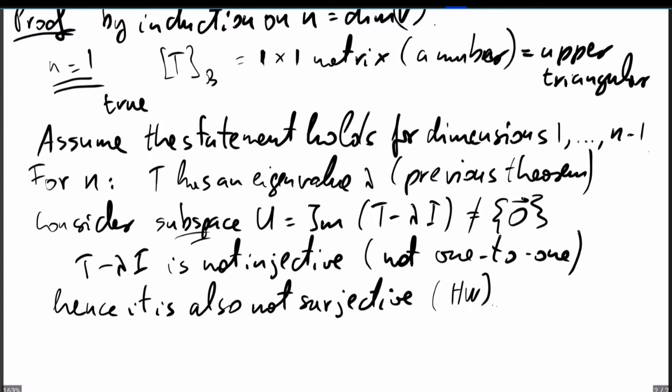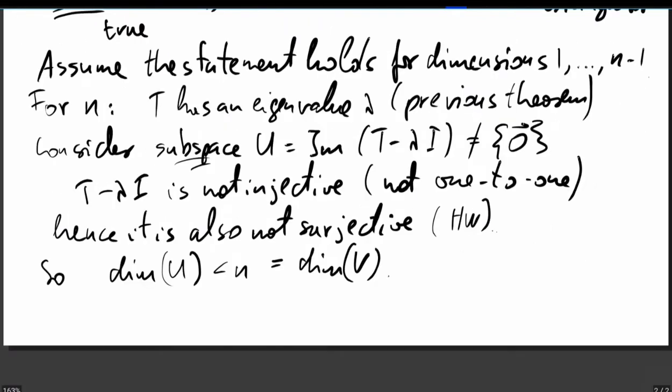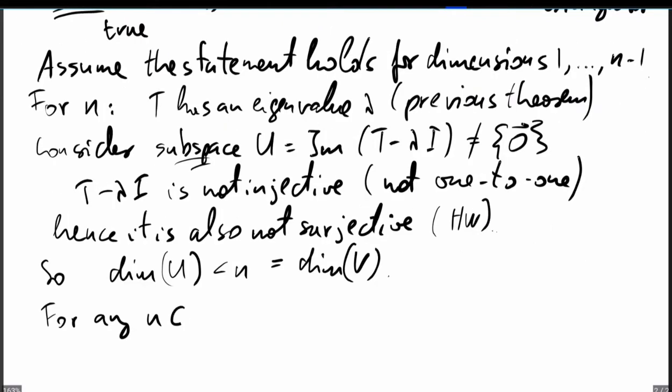And then because of that, the dimension of U is less than n, which was the dimension of V. Now, for any vector u from this vector space U, we can write the image of u under T in a kind of tricky way, so that we introduce this T minus lambda I operator.